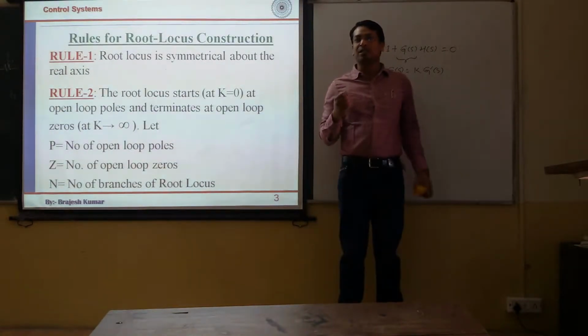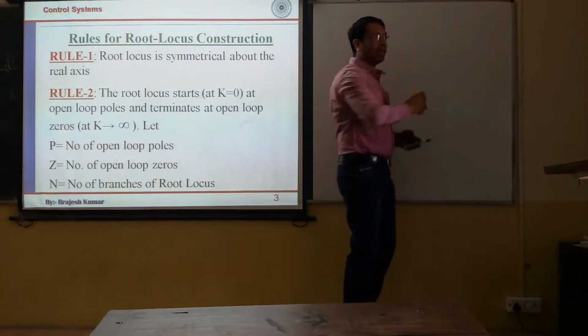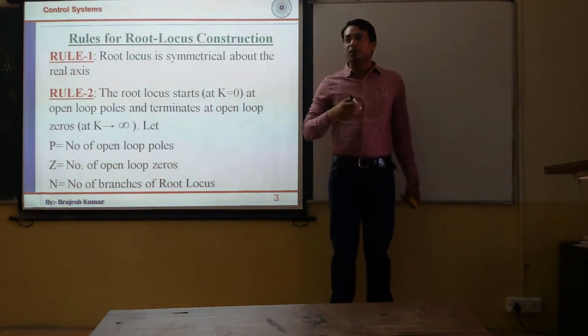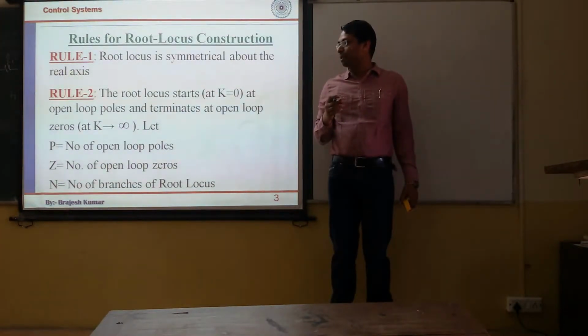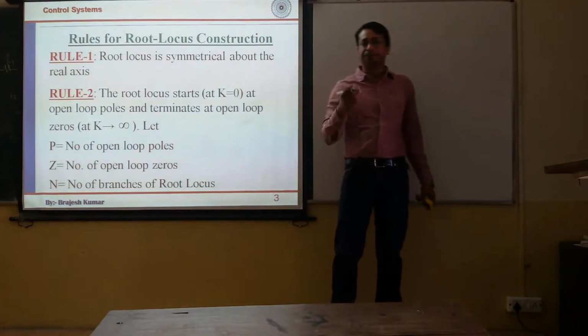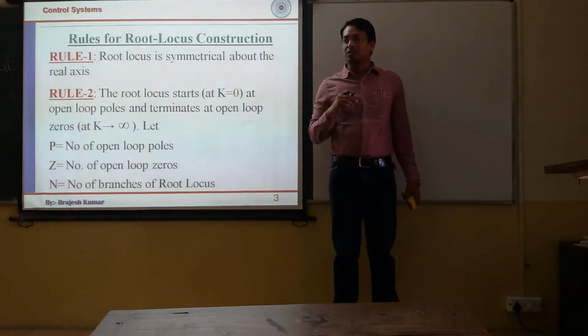Correct? Your root locus will be symmetrical about the real axis, and this is of course not a magic, but we know that for a realizable system, the coefficients of the characteristic equation will be real. It will not be complex, and for real coefficients of the characteristic equation, or you can say for real coefficients of the characteristic polynomial, its roots will be either a complex pair or just real.